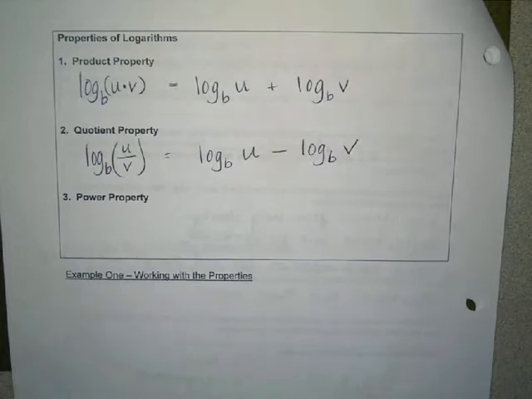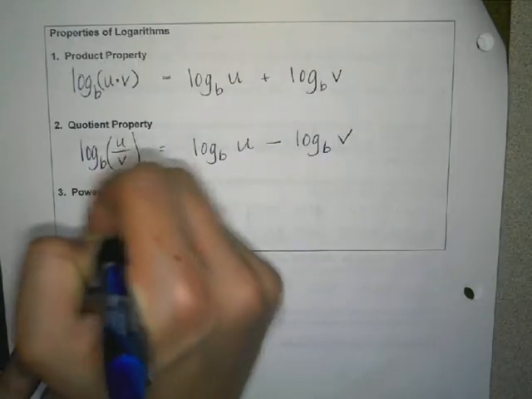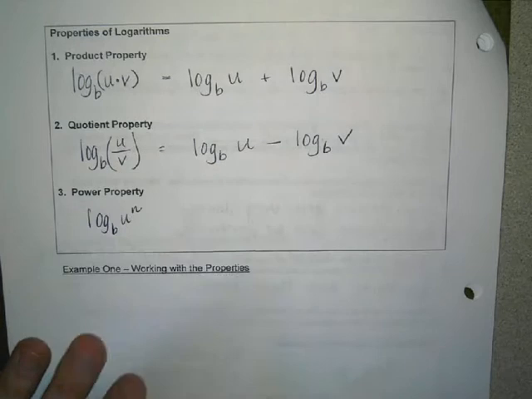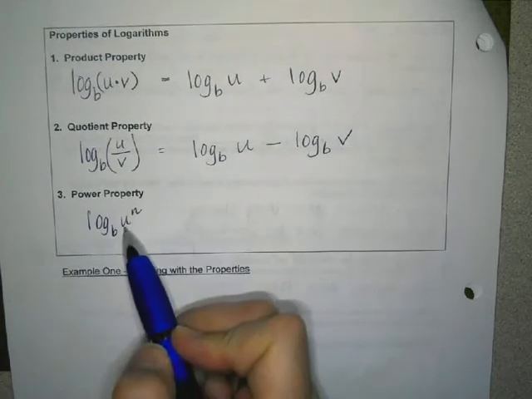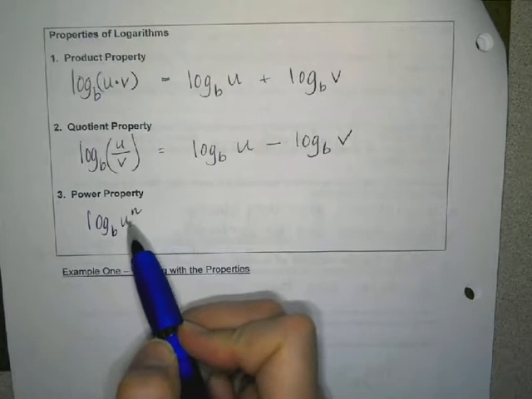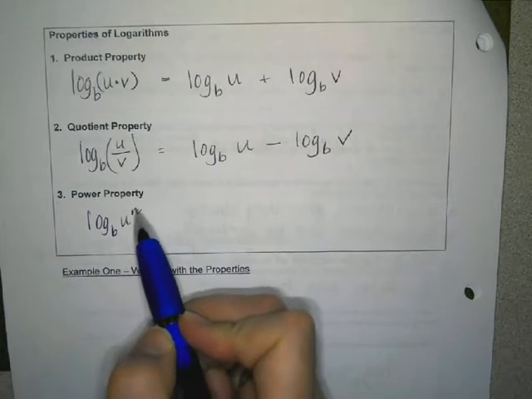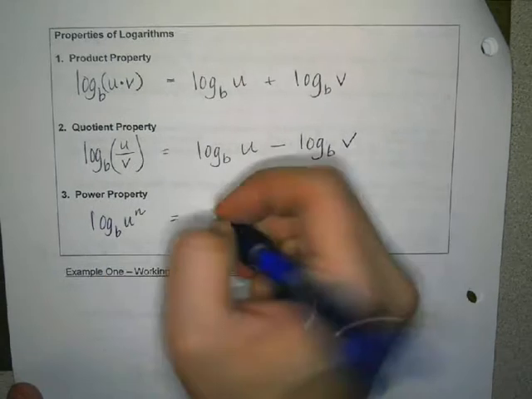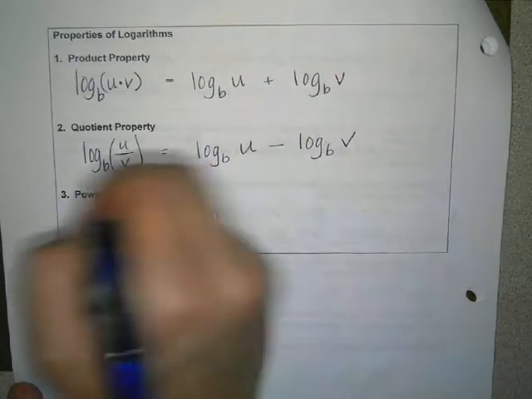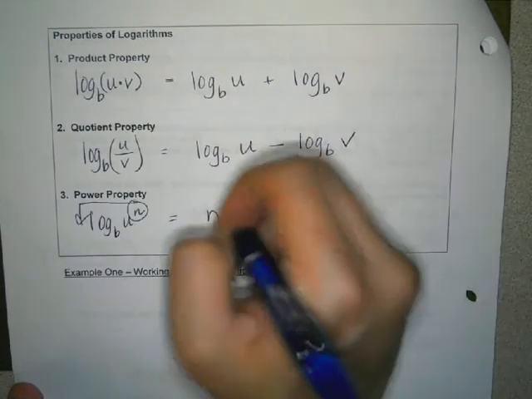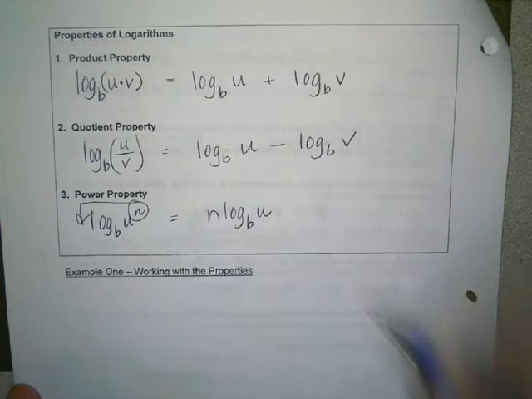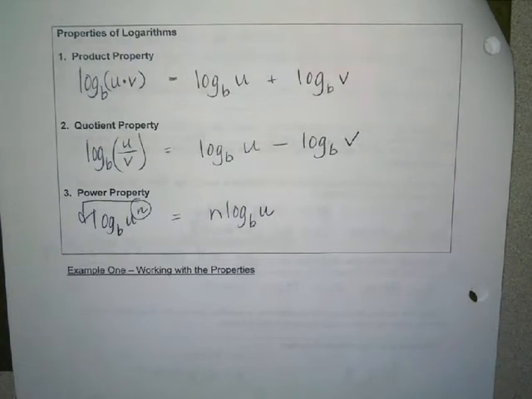Power property. This is if you have an exponent on the argument, so maybe this is like 2 to the 3rd power or something. If there is an exponent in the argument, you can move it to the front and just rewrite your term.